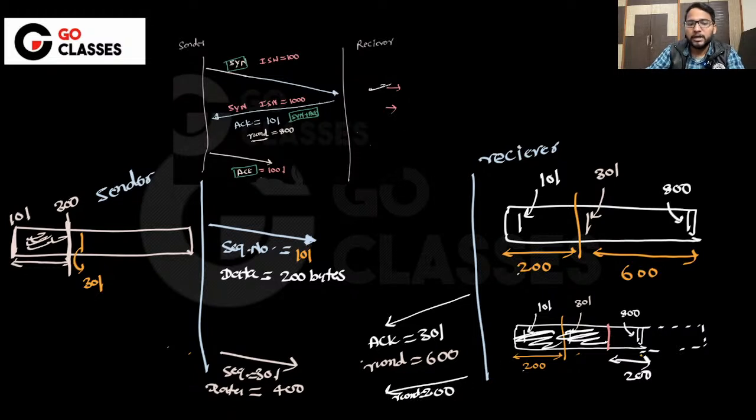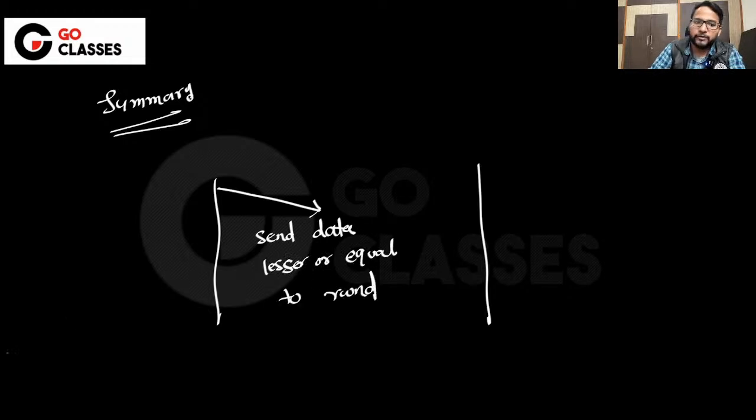That's the point, right? Just to summarize, the sender is always going to send data lesser than or equal to RWND, the receiving window.